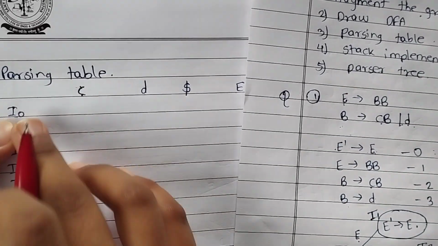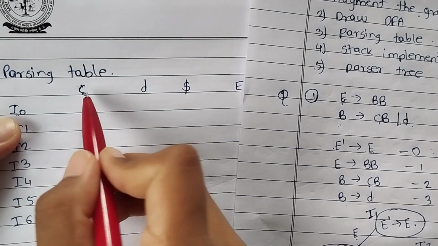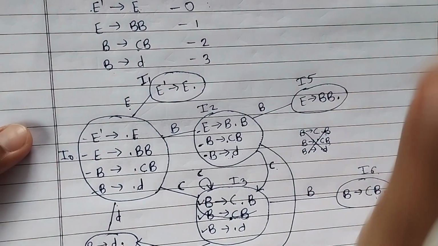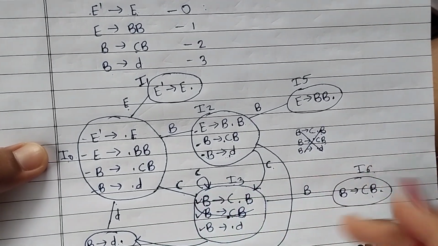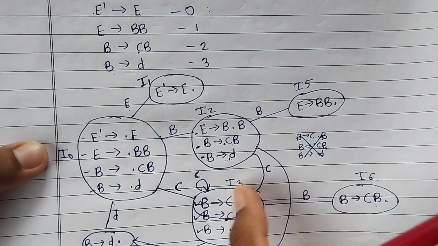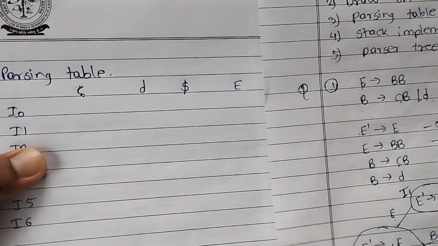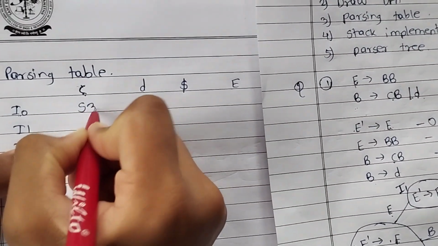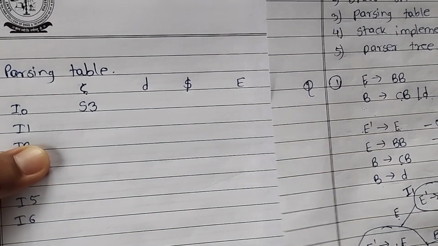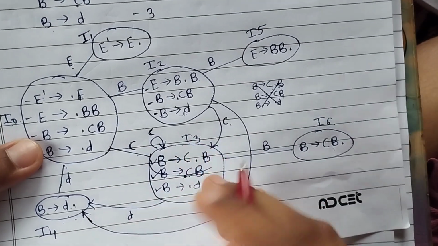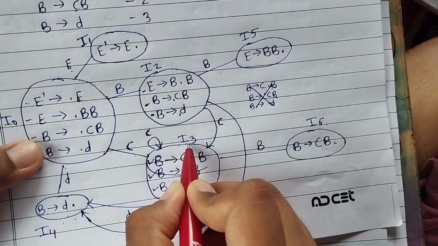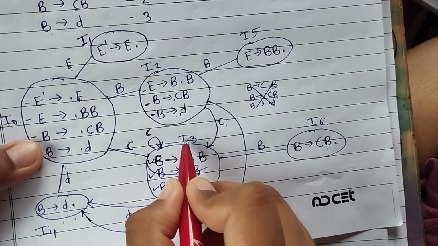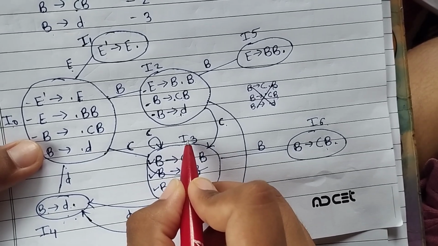Or if you want to go in sequence, then check I0 and dollar. I0 changes with dollar, we go to the I3 state. So for the I3 state, we write S3 here, meaning shift 3. Here the state number is I3, so instead of writing I3 we write S3, because at that time we perform the shift operation, and that's why we write S3.